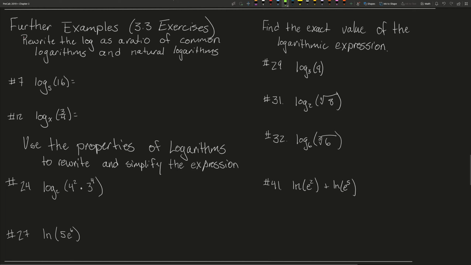So number 7 says to rewrite log base 5 of 16 into a natural log. So we can do that by taking log of 16 and dividing that by log of 5. This is the change of base to base 10. In order to change that base into base e, we can take the natural log of 16 over the natural log of 5.